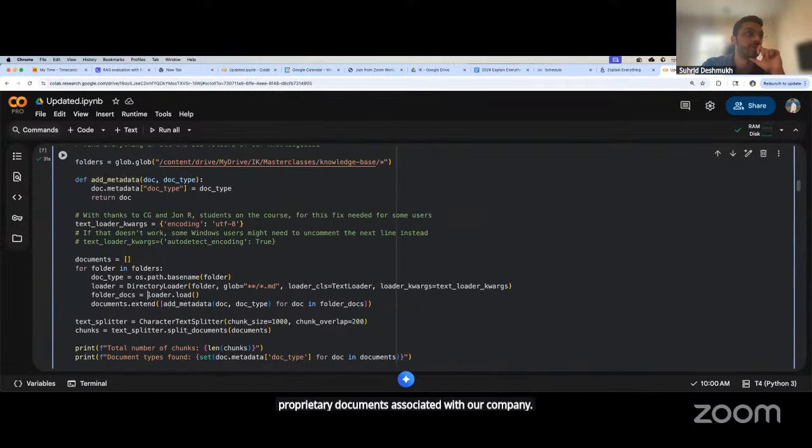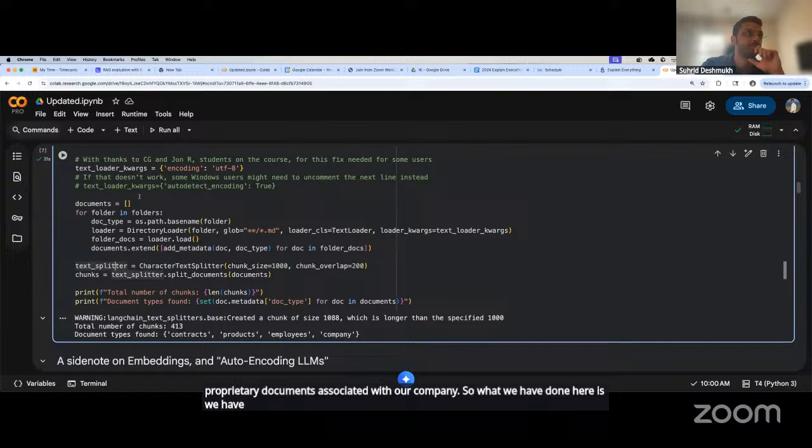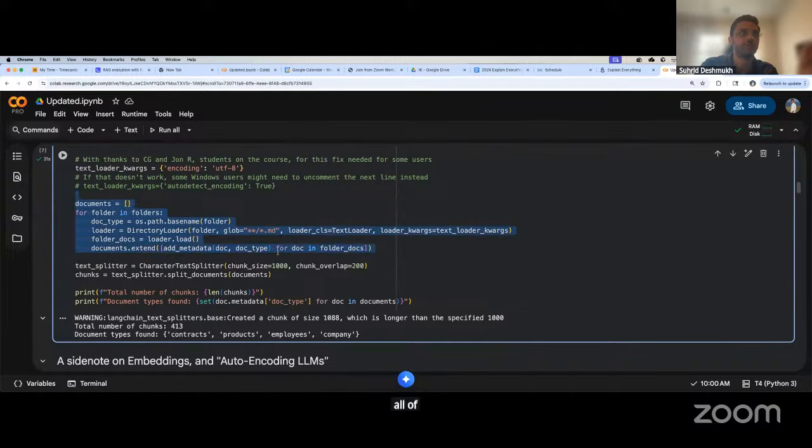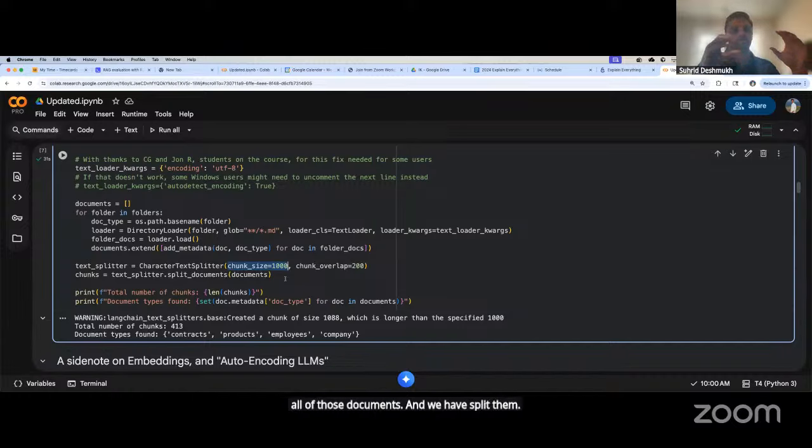So what we have done here is we have just taken all of those documents, and we have split them into different chunks, with each chunk being like 1000 words, and there's an overlap between chunk number one and chunk number two of 200.